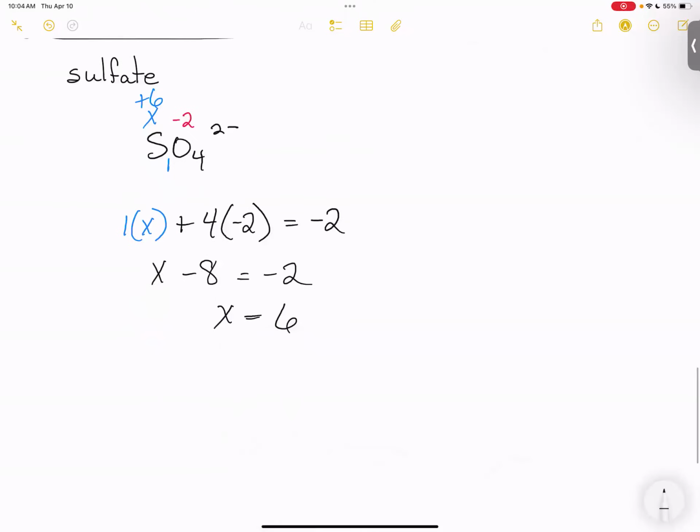Let's look at another example. What if I give you just 10? Well, if you see this, that means we're dealing with an element in its standard state. So it's 0.